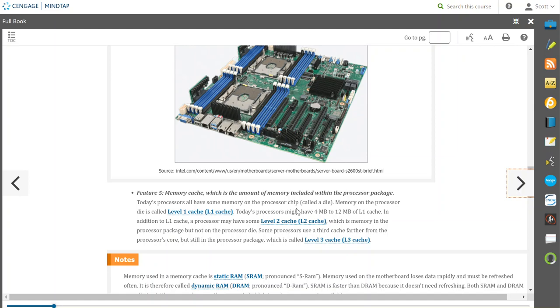It's not a lot of memory. We're only talking about 4 to 12 meg in L1 or level 1. Okay. Level 2 cache is memory in the processor package, but not on the processor die. Some processors use a third cache farther from the processor's core, and it's still in the package, but it's a little bit further away.